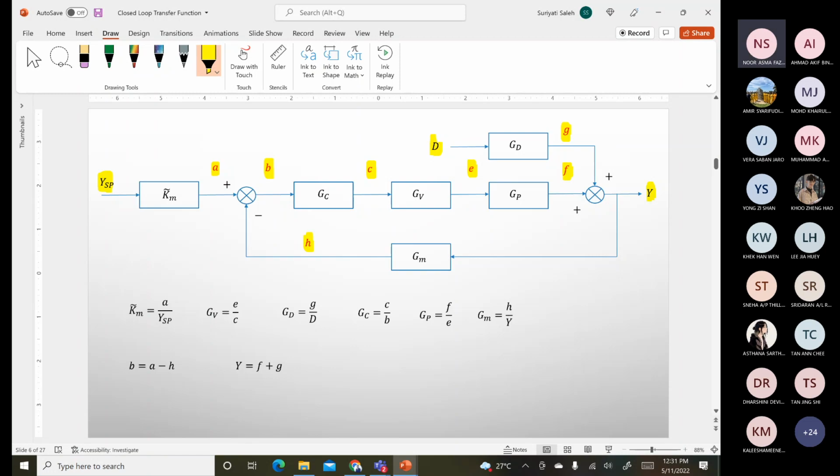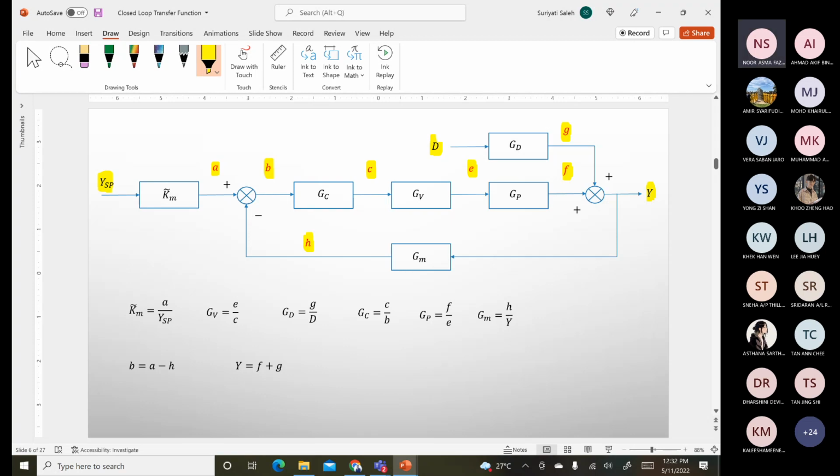To establish the relationship between output and input for every transfer function. Once I put the labels, I can develop the relationship between input and output. Of course, you can use other symbols if you want. This is just for illustration purposes only.